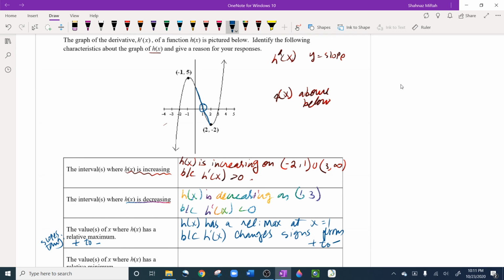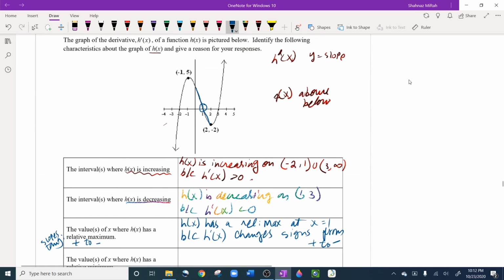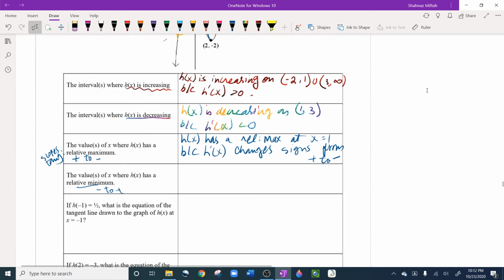The next one says what values of x where hx has a relative minimum, which means negative to positive. So you're going to go up there and check where my graph is going from negative to positive. My graph is going negative to positive here at 3. So negative 2 and 3.